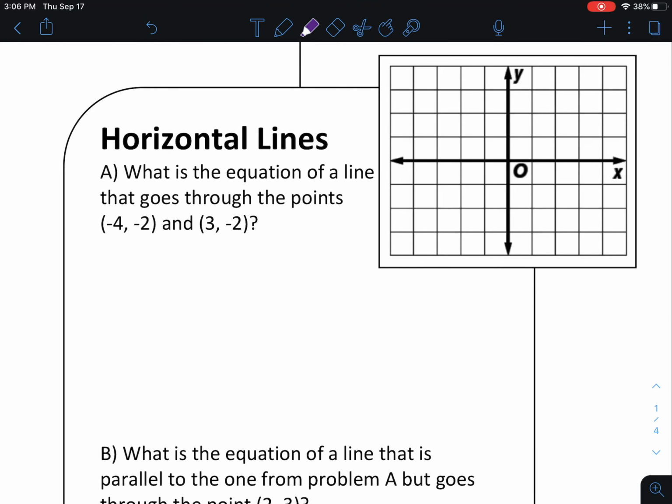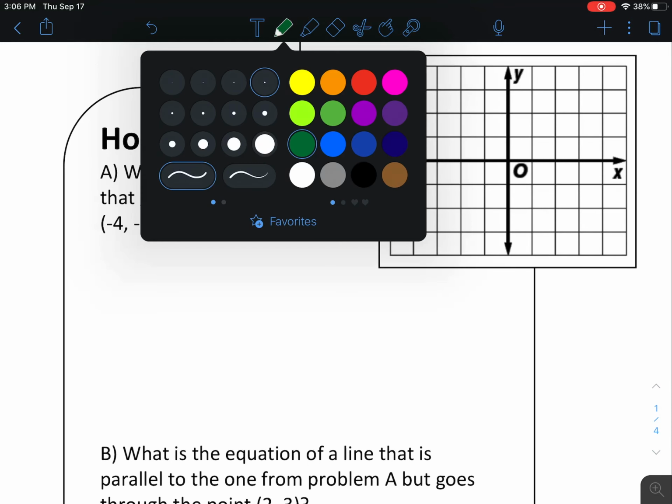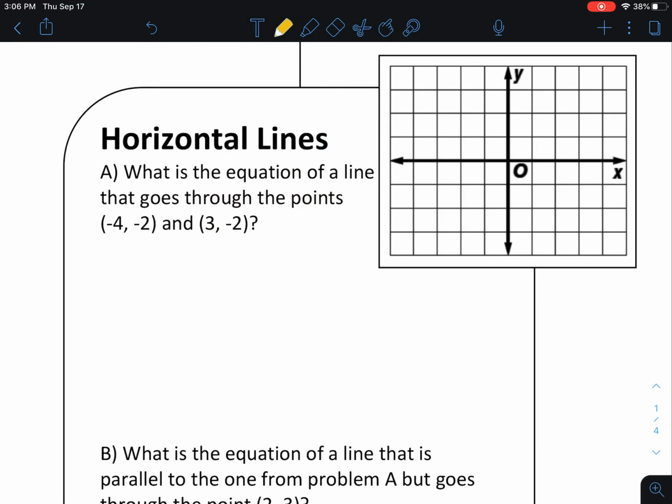Great. Horizontal lines. All right, so for these, we have -4, -2, sorry about that, and 3, -2. Brain fart. Okay, so we got these two points like so, and they make a line.